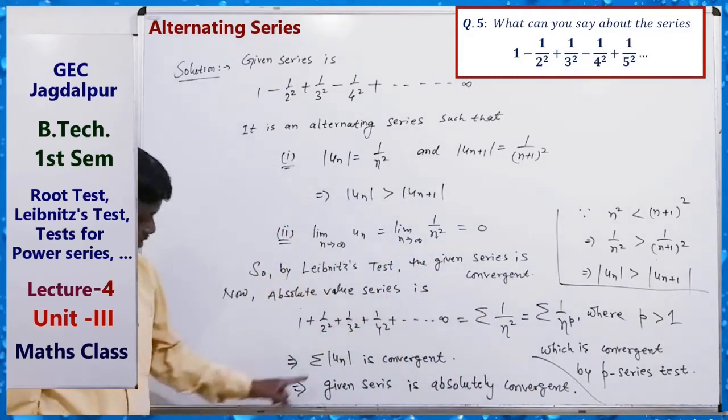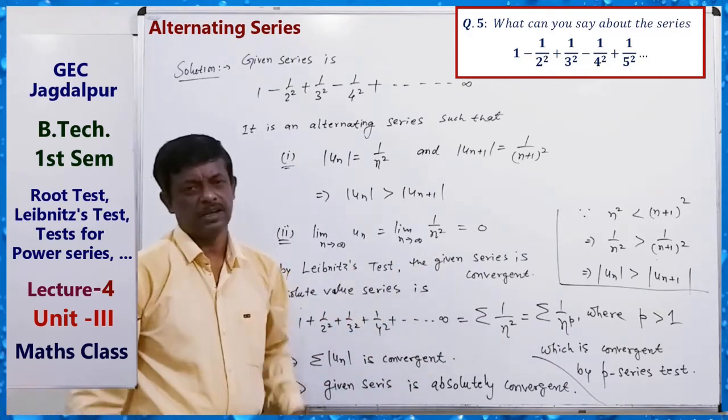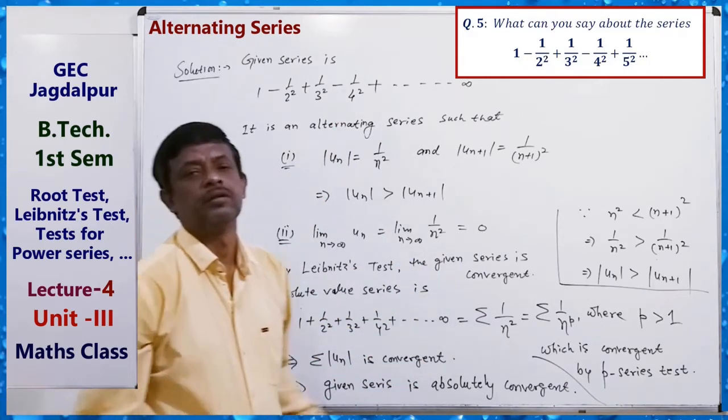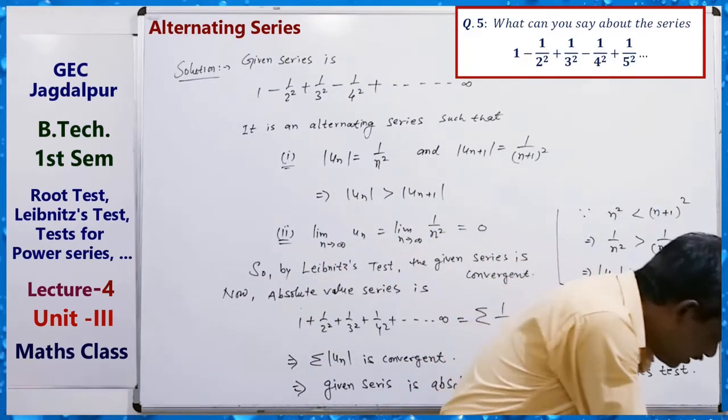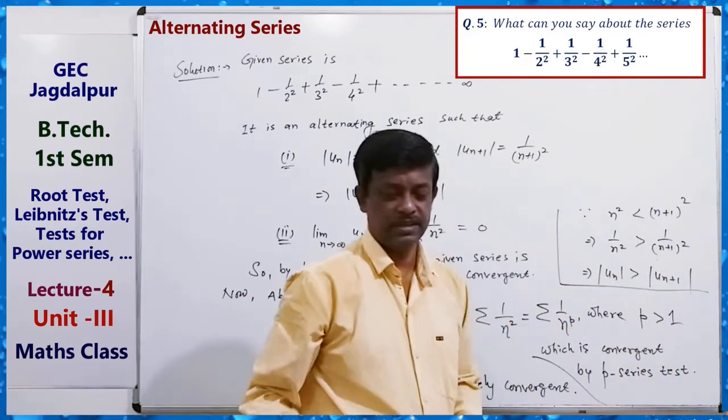If a series is absolutely convergent, then it is necessarily convergent. So here the given series is absolutely convergent. Okay.